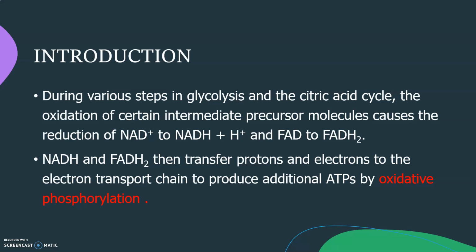So we have already gone through the different steps in glycolysis as well as the TCA cycle, and also we have studied the electron transport chain, etc. During the various steps in glycolysis and the citric acid cycle, the oxidation of certain intermediate precursor molecules occurs, and it may cause what?